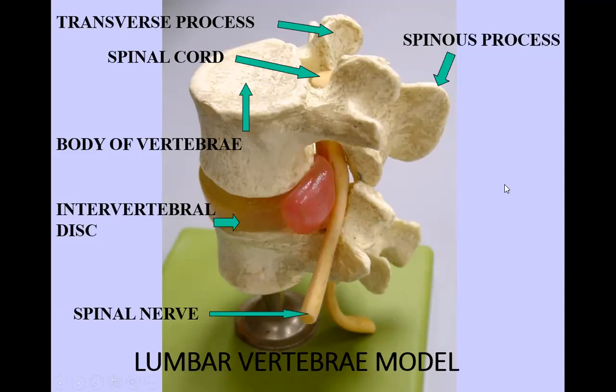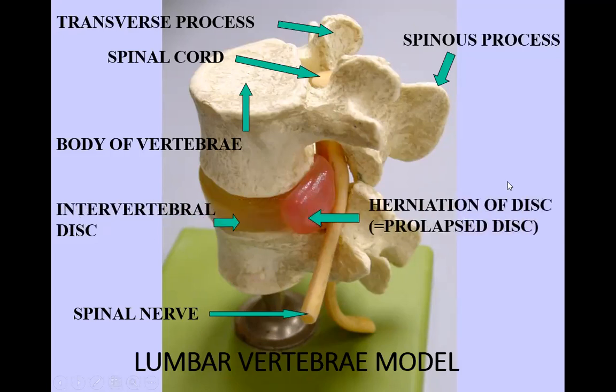There's one of our spinal nerves coming in from what looks like the left side. And this is a prolapsed disc. Sometimes these discs are abused or injured and they will blow out. As they say, if someone says they've blown a disc or ruptured a disc, the pressure on that disc, for whatever reason, has caused it to fail.